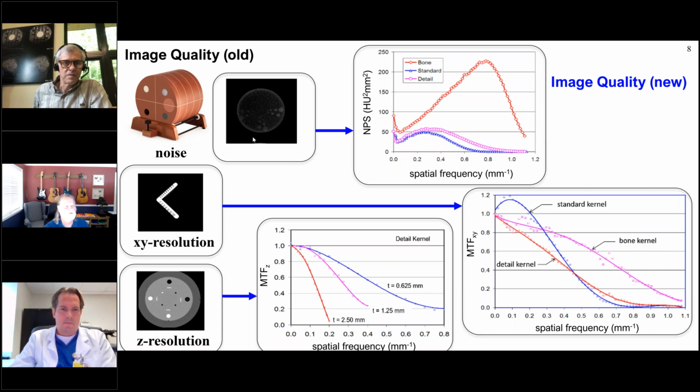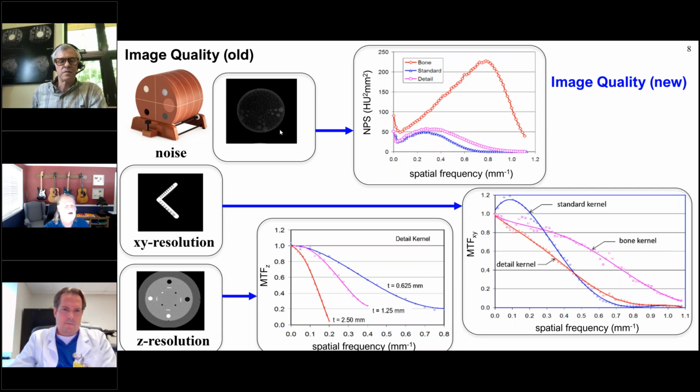The top one that Jeff's pointing to here is the so-called low contrast section. The role of the physicist is to eyeball that and see how many of the circles that are very subtle and hidden in the noise you can see. So this is an assessment of the noise, or the contrast to noise ratio, or the contrast resolution.